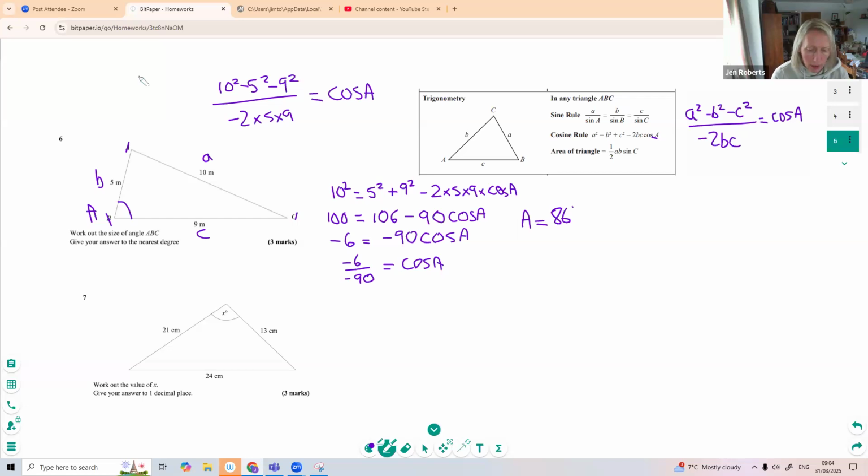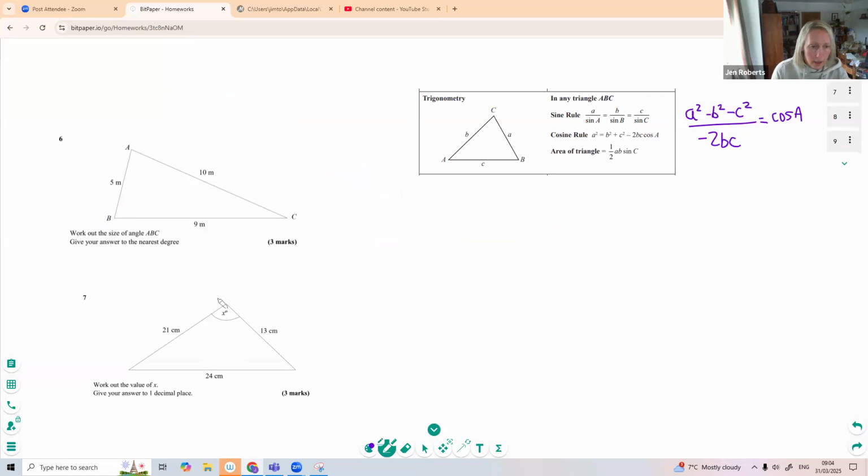Just make sure you can use your calculator properly here, which gives me 1/15, which is a simplified version of minus 6/90. Then cos to the minus 1 both sides gives you A is 86 degrees, as we found here. Method 1 is rearranging your formula. Method 2, memorizing your formula. Again, I will do both methods for the next one.